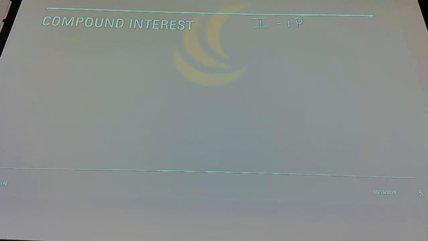What's 1% of the new total, 1,010? $10.10. Right, now you have $1,020.10. Another period goes by at 1% interest, so it's 1% of that new amount. That is compound interest.